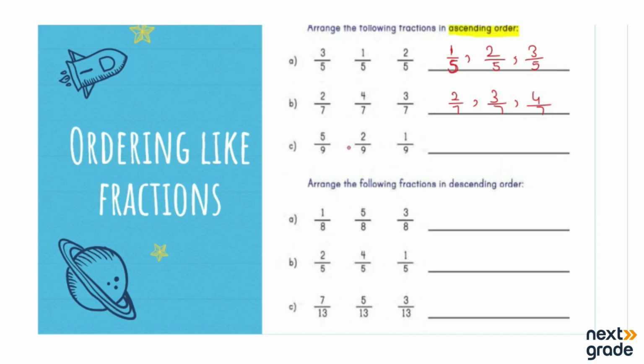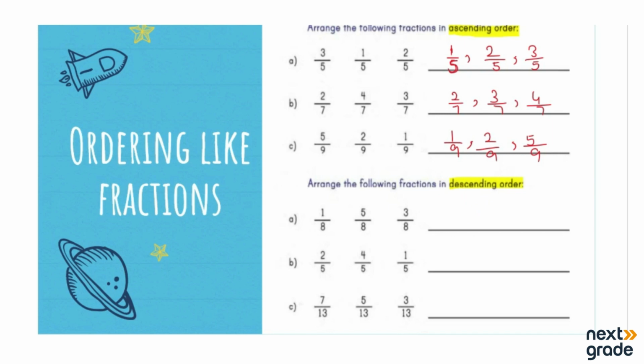We have another example, that is 5/9, 2/9 and 1/9. सबसे पहले हम देखेंगे स्मॉलेस्ट नंबर जो कि है 1/9. उसके बाद हम देखेंगे नेक्स्ट नंबर जो 1 से बड़ा है, that is 2/9, and then the biggest one, that is 5/9.